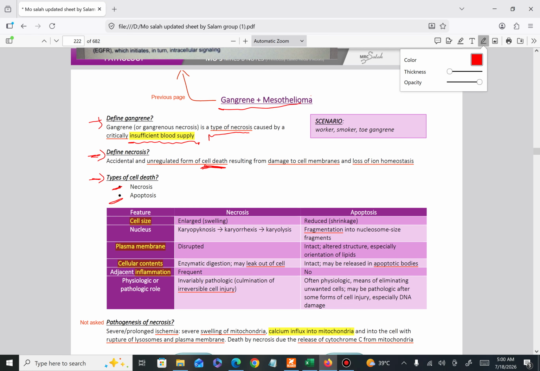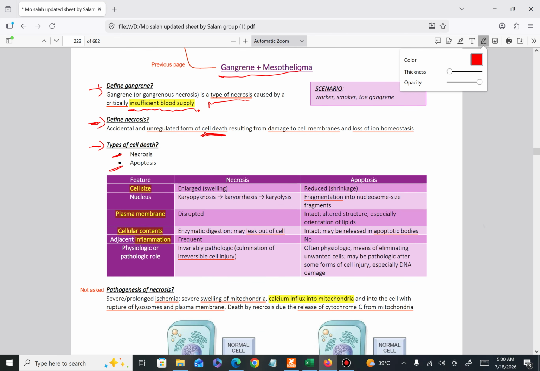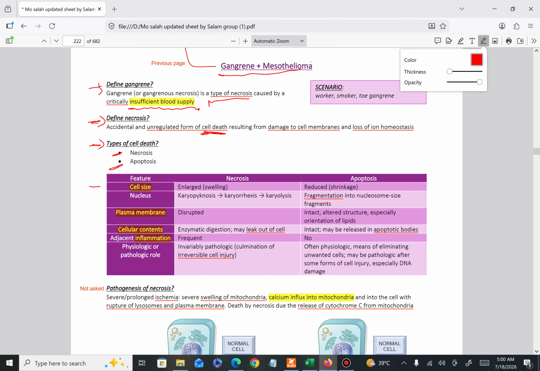Now we will discuss the difference between necrosis and apoptosis. First, the cell size. The cell becomes enlarged in necrosis, while it shrinks or reduces in apoptosis. Then the nucleus.